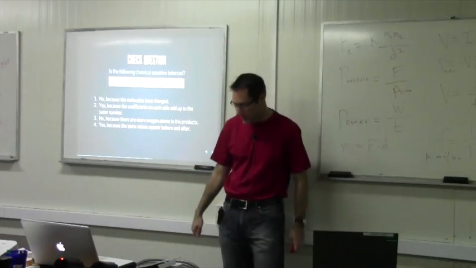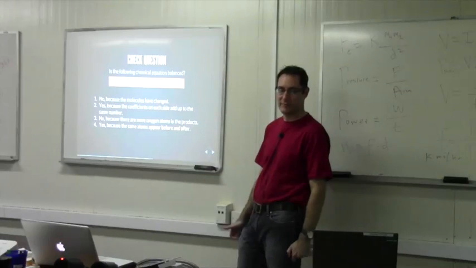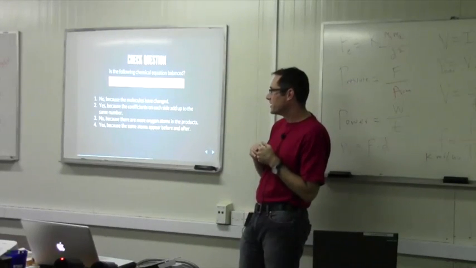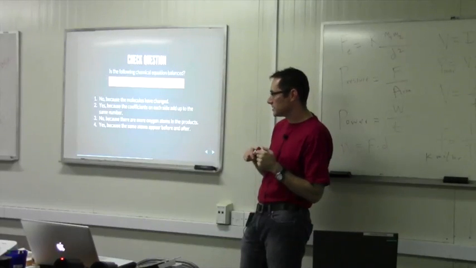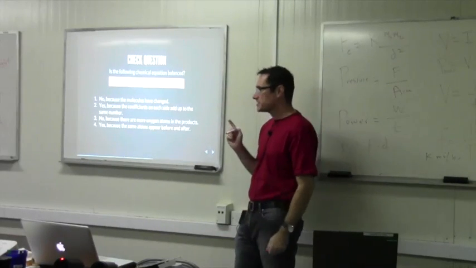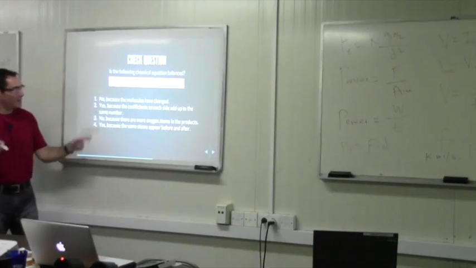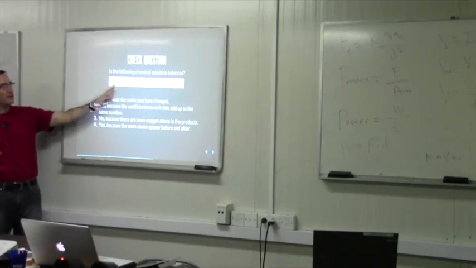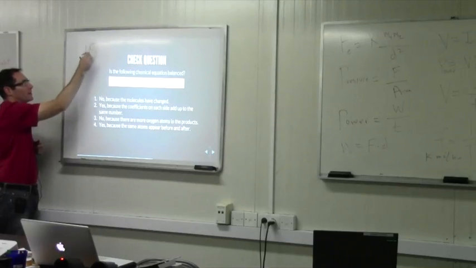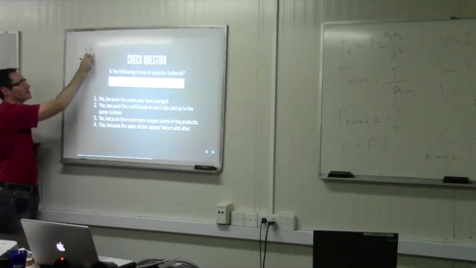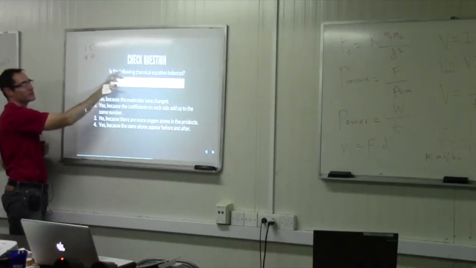Now, this is probably a little premature for a check question, but let's see if we can figure this out. Is the following chemical equation balanced? Let's count up the number of atoms. I'll put them up here. How many carbons are on this side? One carbon. How many hydrogens? 1 times 4, 4 hydrogens. How many oxygens?